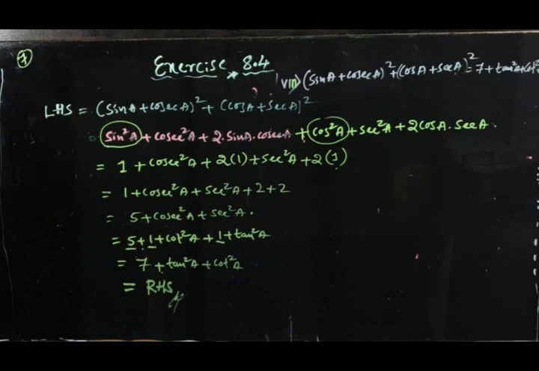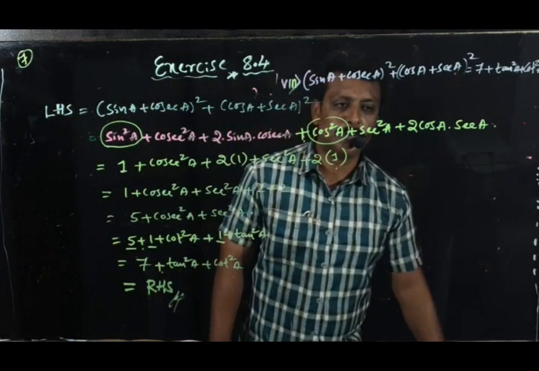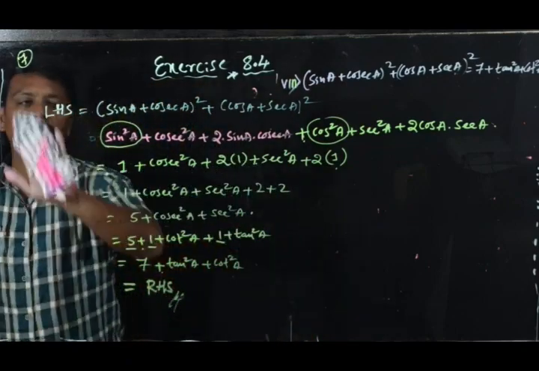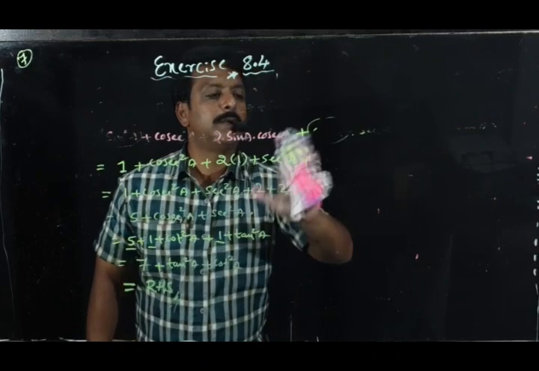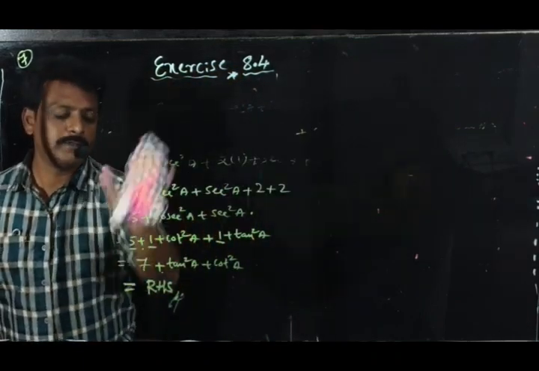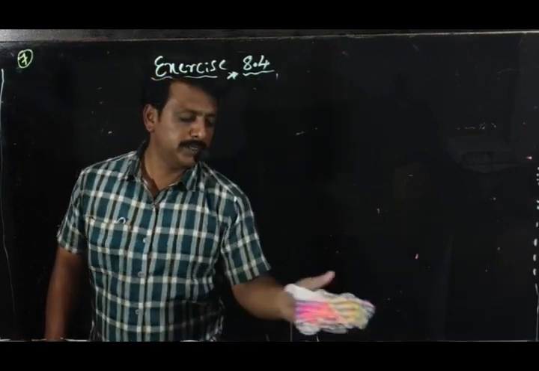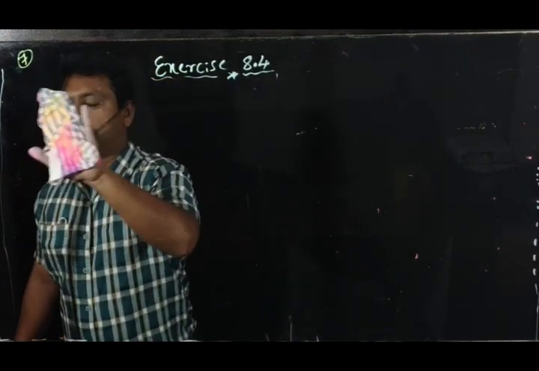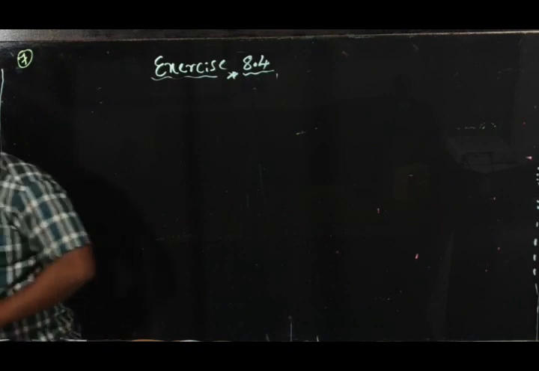Now directly I am going to attempt last question from this chapter and from this exercise. Which one? 8th one, sir. Very good. So 10th one I am taking. That itself is the last question from the exercise 8.4. Let me solve that also. After that we can say goodbye to this chapter.